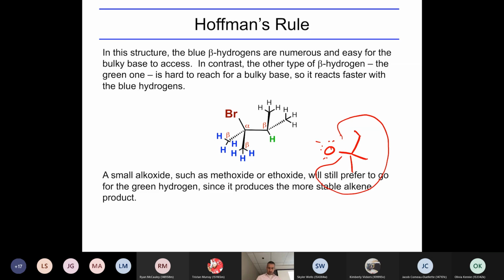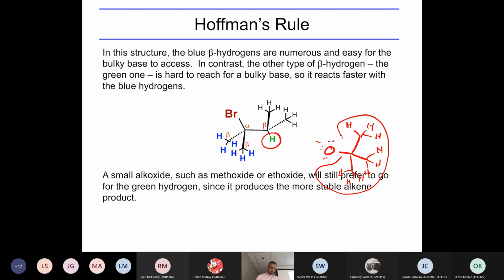All those CH3s. This hydrogen, the green one, is difficult for that big bulky thing to get into that space and access. The blue ones are just hanging out right for the picking, the low-hanging fruit. It can easily get at those.